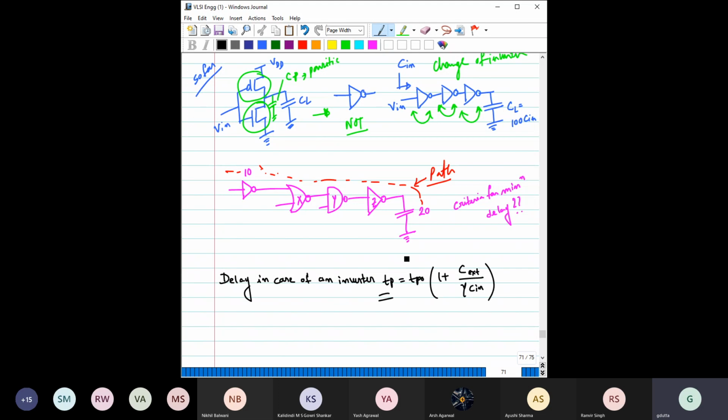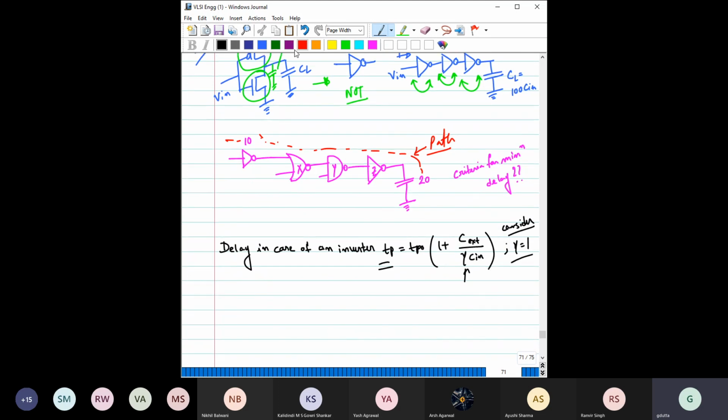Remember this parameter gamma: for submicron technology we have considered gamma equal to 1. So the equation becomes Tp equals Tp naught times (1 plus C external by C internal). Recall that this Tp naught is the intrinsic delay part.